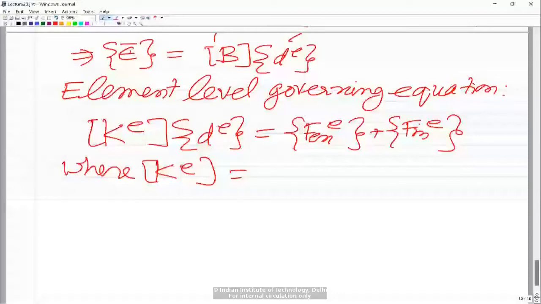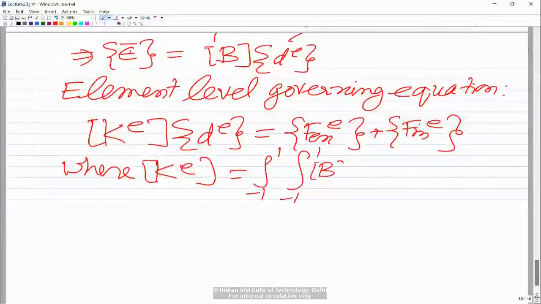So we put the integral with respect to xi and eta. Then the integration in x y would be equal to integration from -1 to +1, integration from -1 to +1, and the stiffness matrix you're going to have B transpose, then C bar matrix. It is not C but C bar. So you keep in mind that C bar is an 8 by 8 matrix, into again B, and then we have determinant J, d xi, d eta.